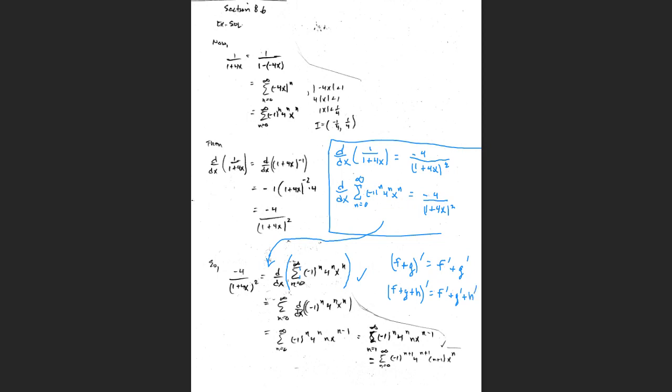Well, what do I have here? I have the derivative of an infinite series, which is the sum of an infinite number of terms. That's just going to be the sum of the derivatives of each of the terms. See that? The derivative of a sum is the sum of the derivatives. Are there any questions on that?